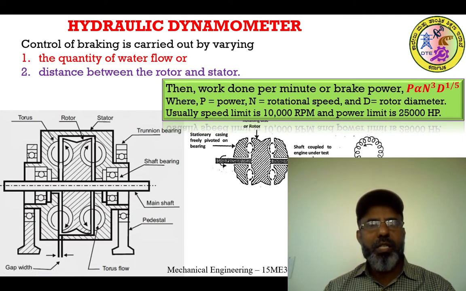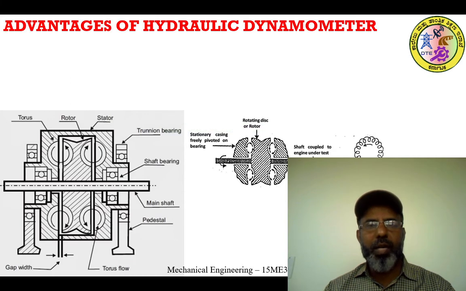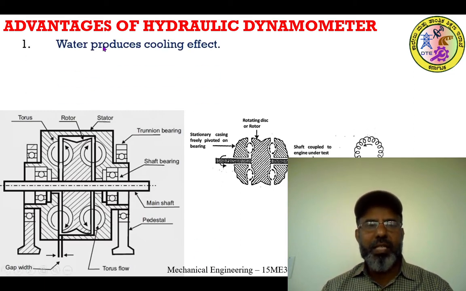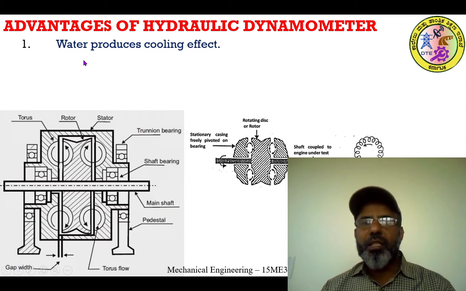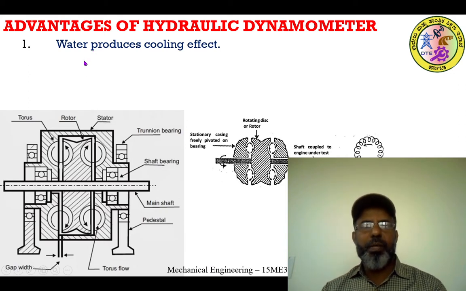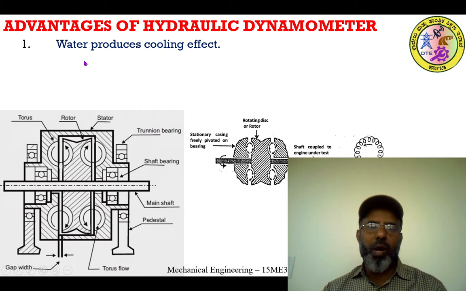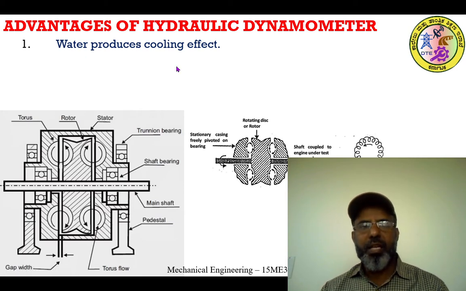Now let us discuss the advantages of the hydraulic dynamometer. You remember there are a minimum of 5 advantages. The first advantage is that since fluid friction is employed, either water or some other fluid, generally water, is used, and this water produces a cooling effect.